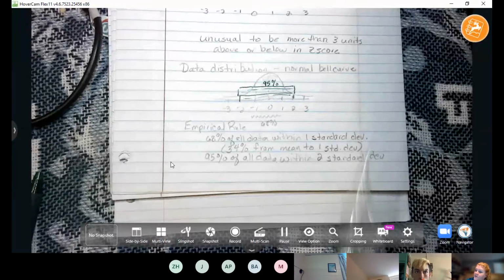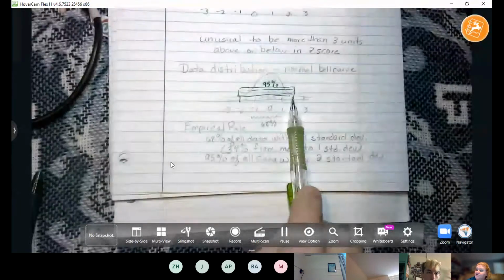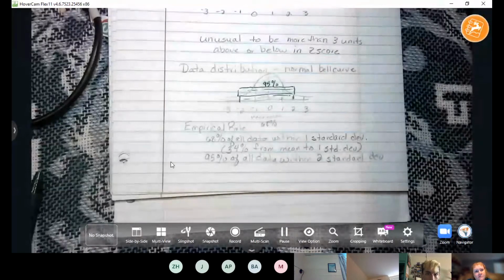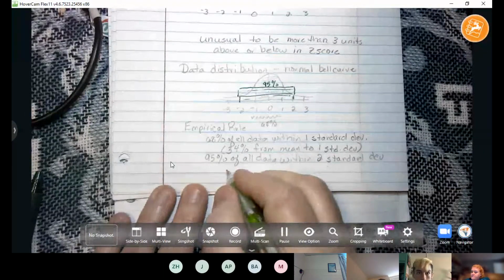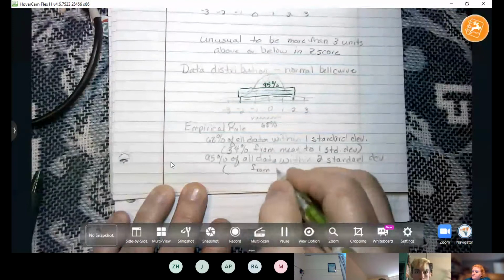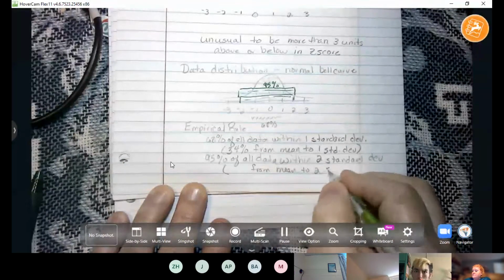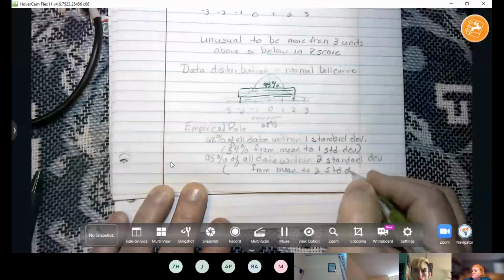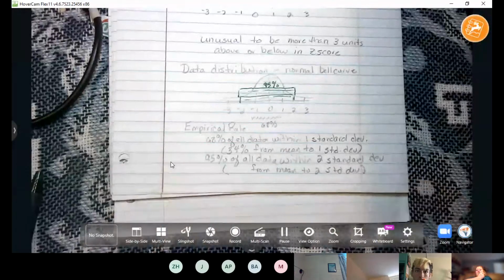So if I'm going from the mean to 2 standard deviations, how much is that? What is half of 95%?